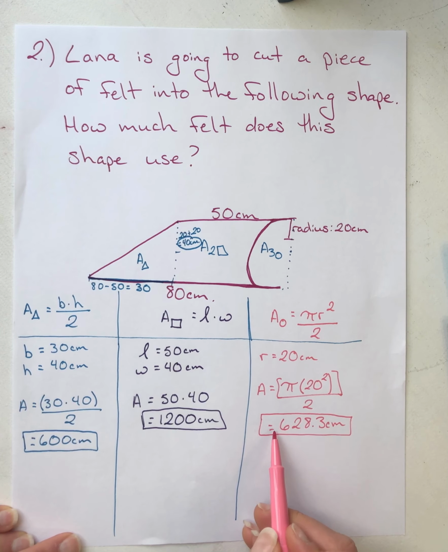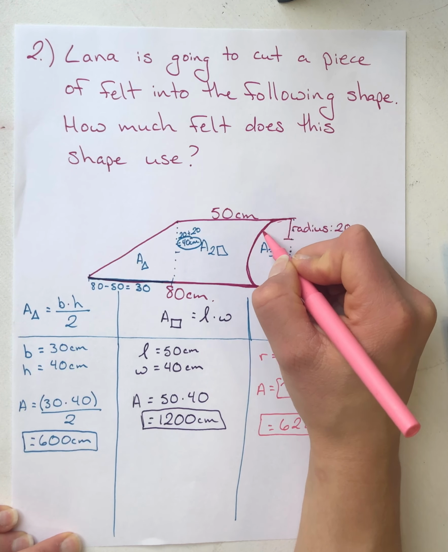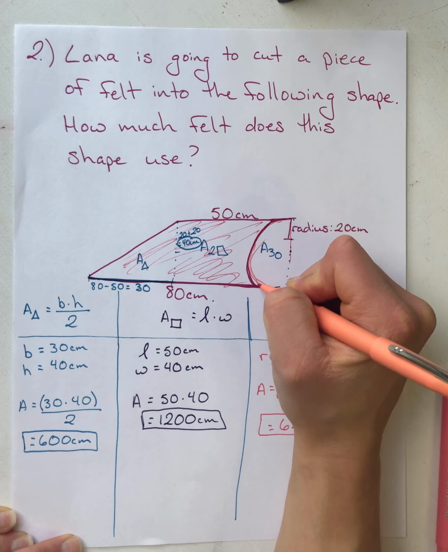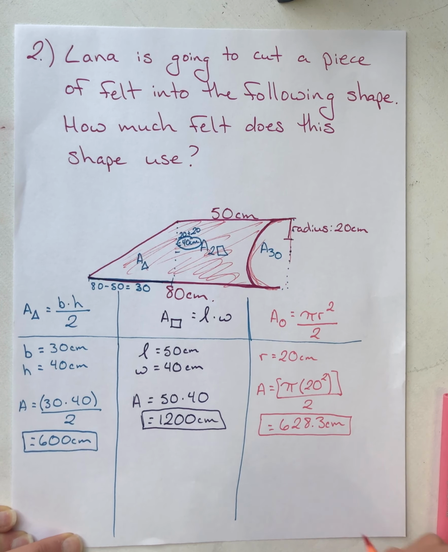So for this portion here, since that is cut out, we need the full area of this. So we found the full area, if we add these all together, including that missing circle section. So what I would do for your third and final step, remember we add all of our things together, but because this is missing, we need to minus this part.